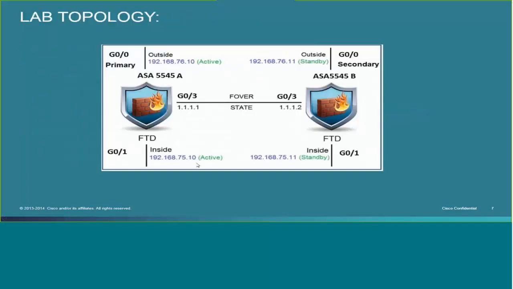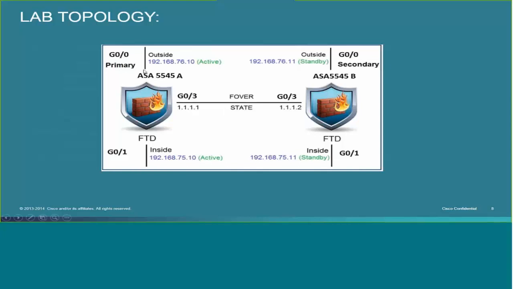So this is my lab setup. This is what I have created for this particular session. I have an FTD installed on both the ASA 5545s. I'm using Gig 0/3 as the interface which is connected back to back, for both the failover state link and the failover interface.